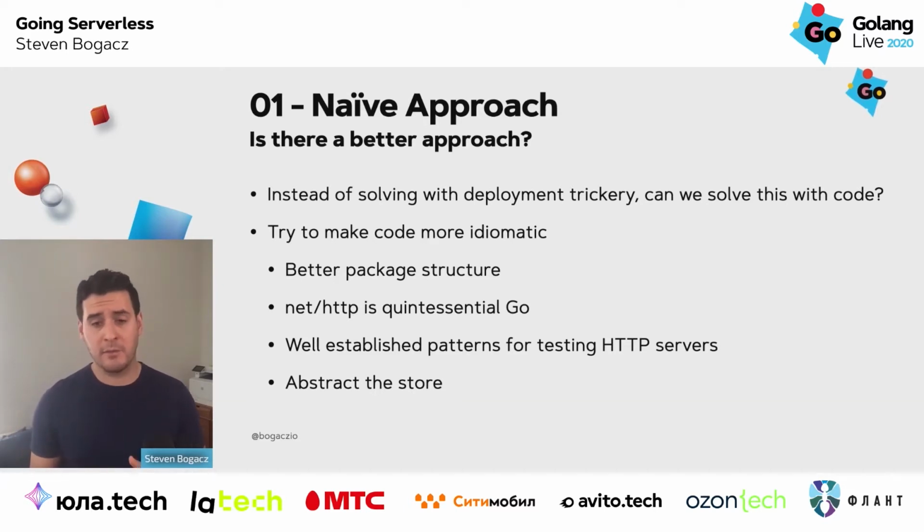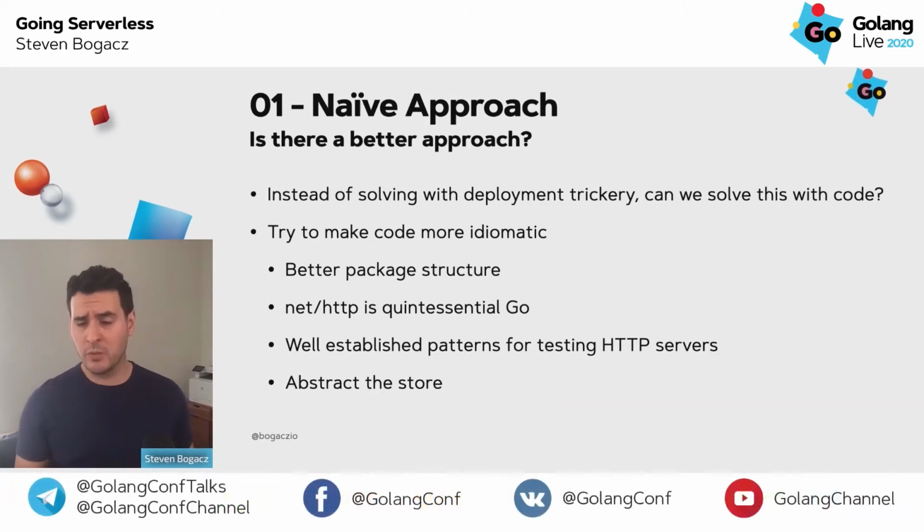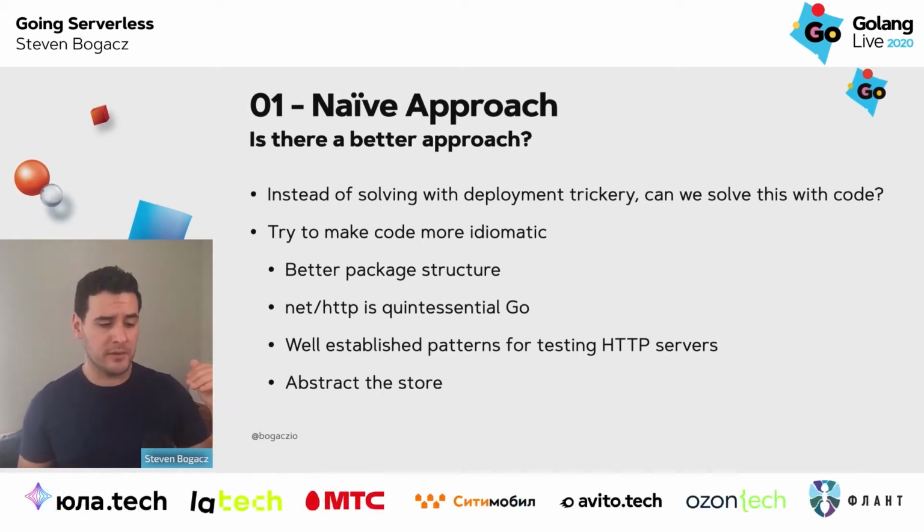Everything's in package main, which worked fine as we were just trying to get a proof of concept up and running. But one thing we can do is use a more idiomatic package structure. We can put our binary package mains under cmd, and use internal for shared libraries, and so on.